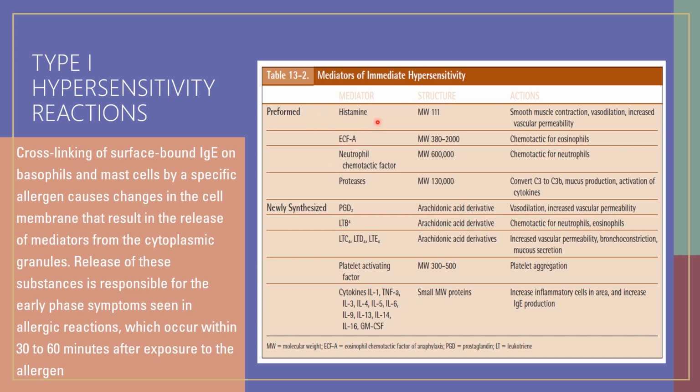So for example, if na-release yung preformed histamine from the granules, it will trigger smooth muscle contraction, vasodilation, and increased vascular permeability. Or naman, prostaglandin 2. It will also trigger vasodilation and increased vascular permeability.